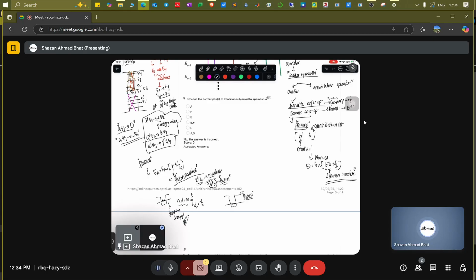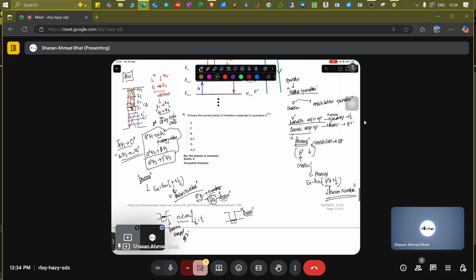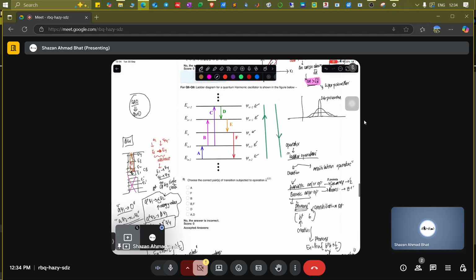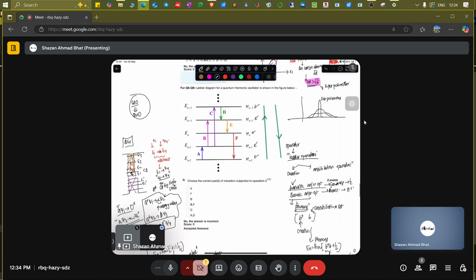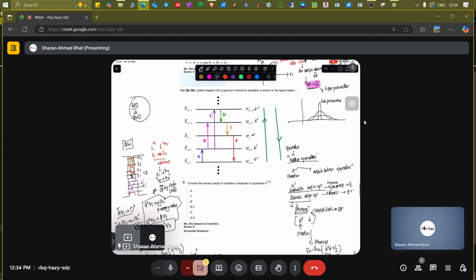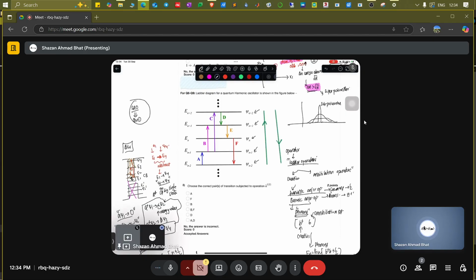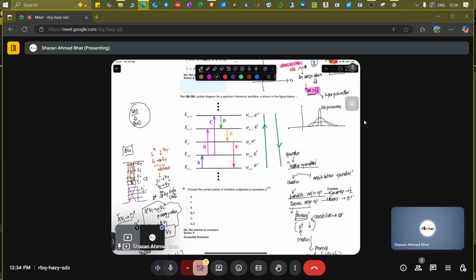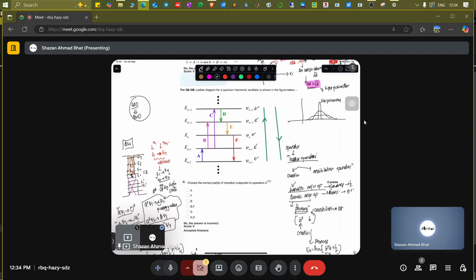So all of those factors come into the picture. Now, what happens if you talk about this energy ladder here? The first question says, this energy ladder concept and the quantum harmonic oscillator, it's a way to understand what happens to the phonons in semiconductors.